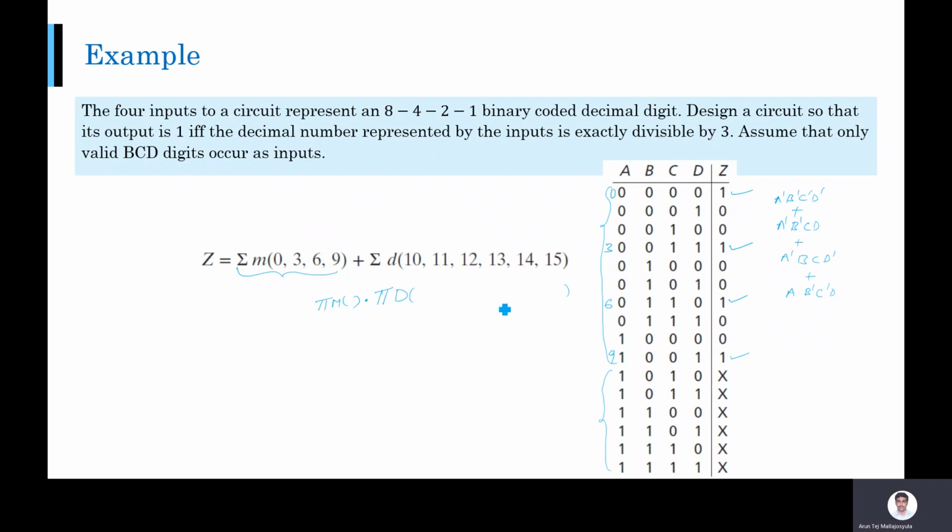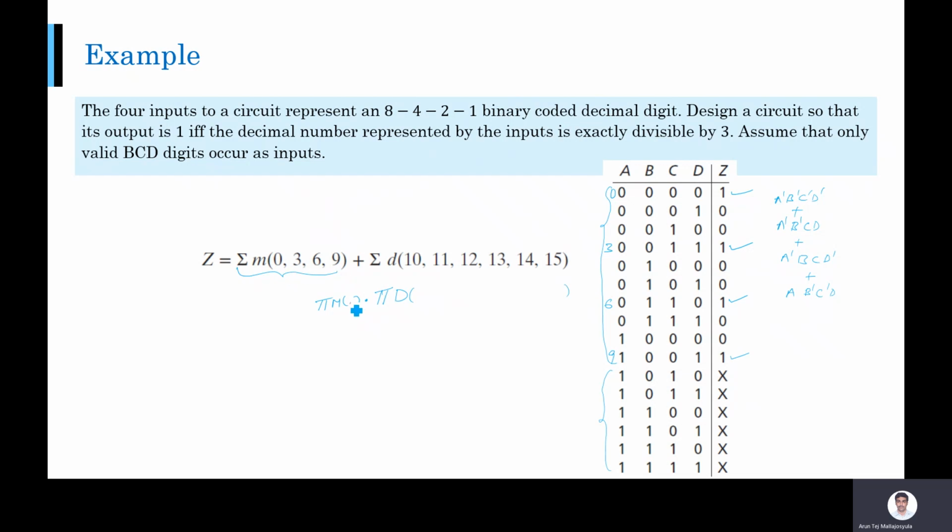If you are writing it in maxterm form, you will be writing phi capital M of the maxterm and phi capital D and the numbers for your don't care maxterm. So for each corresponding don't care minterm, the same number will come for your don't care maxterms also. So what will then this representation be? Whatever numbers are left out, right?